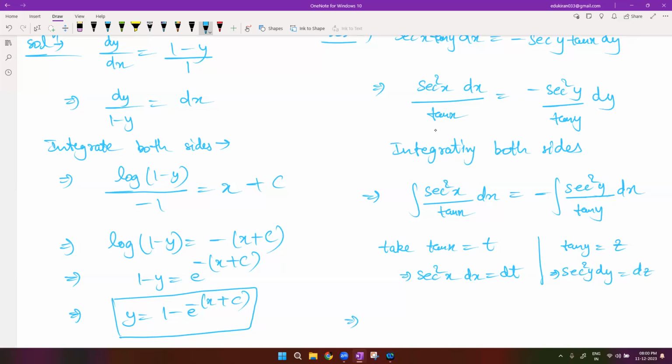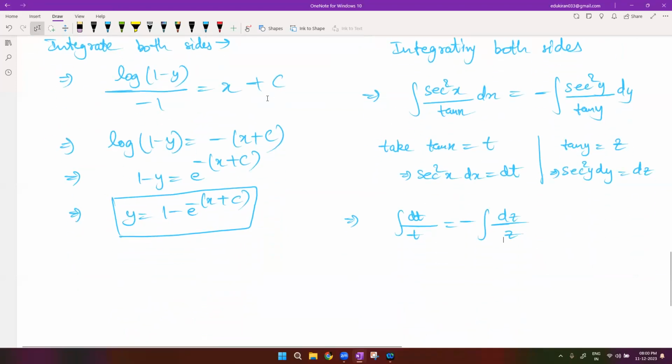So this whole part, sec square x dx becomes dt and tan x becomes t. Oh sorry, this is not dx, this is actually dy. So sec square y dy becomes dz, and tan y becomes z.